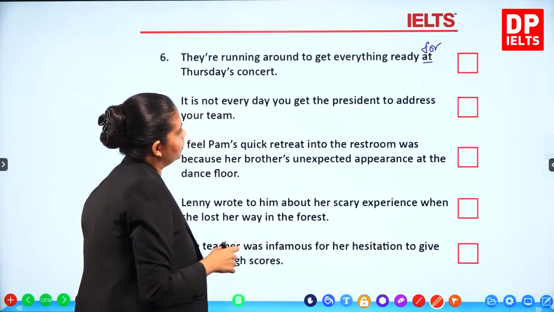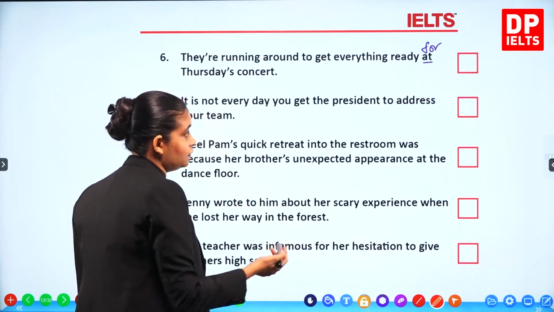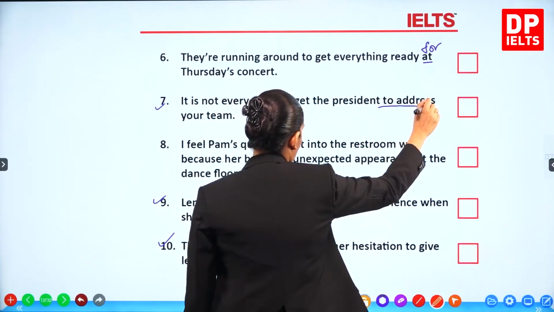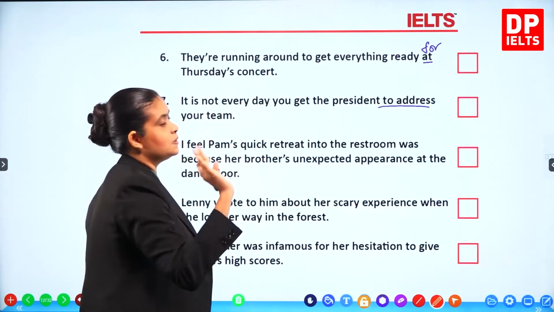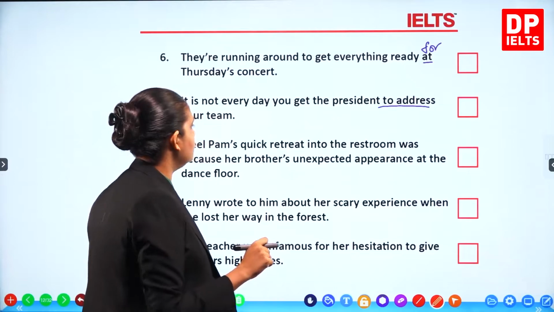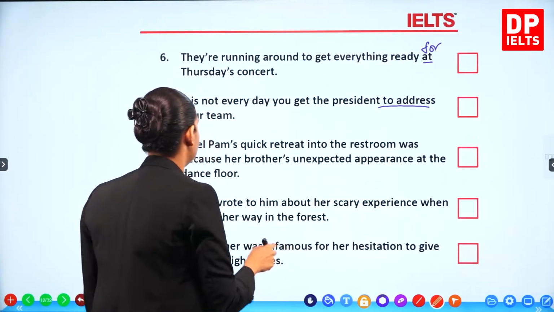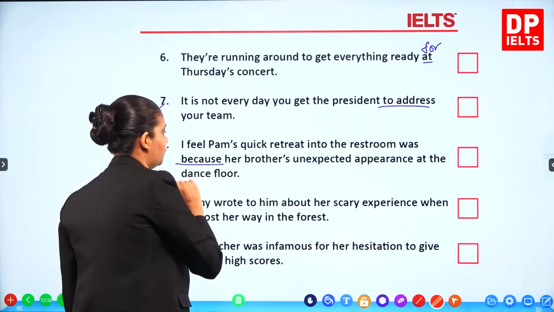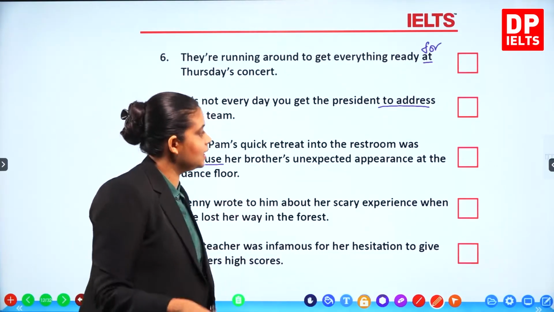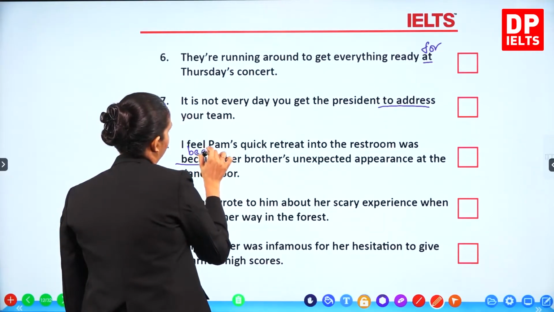It is not every day you get the president to address your team. That's fine. Infinity you could use too. Pointing out, that is perfectly fine. I feel Pam's quick retreat into the restroom was because her brother's unexpected. You don't say because of her brother's unexpected appearance. It has to be because of.